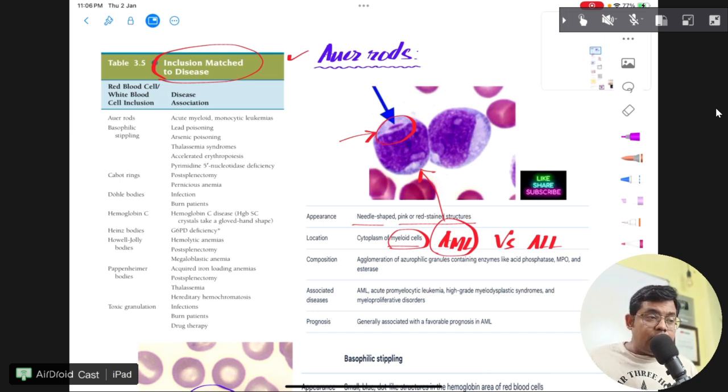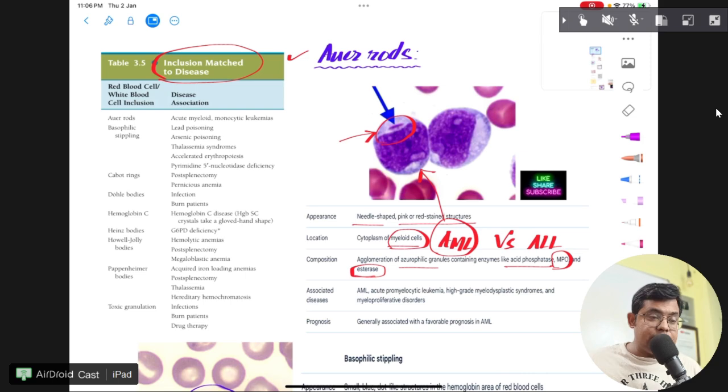Now, the question is, what are the constituents of these Auer rods? Now, these Auer rods are made of the contents of the azurophilic granules. That means it contains different enzymes such as myeloperoxidase, acid phosphatase, and esterases.